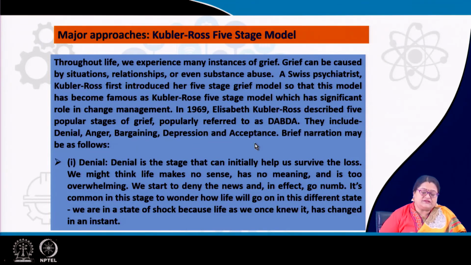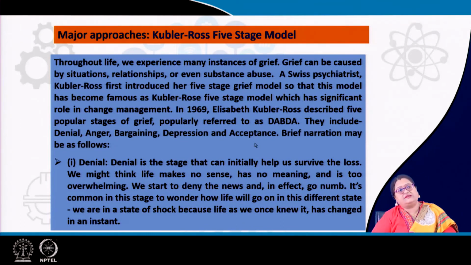We are studying this model here because when people go through an organizational change process, sometimes they also go through these stages. Even though this model was developed in a different context, how to deal with grief situations, it is discussed here in the organizational context.